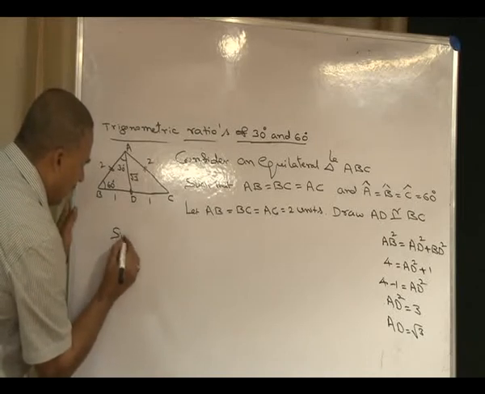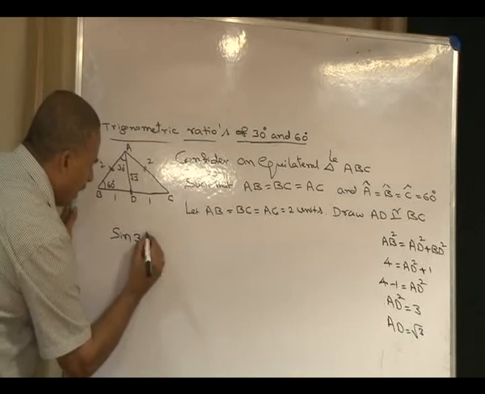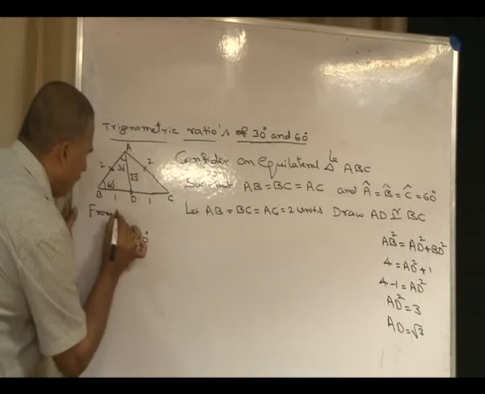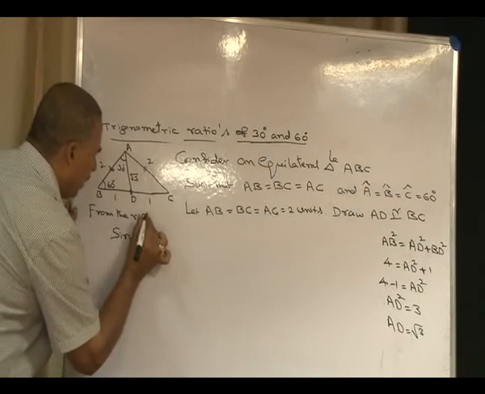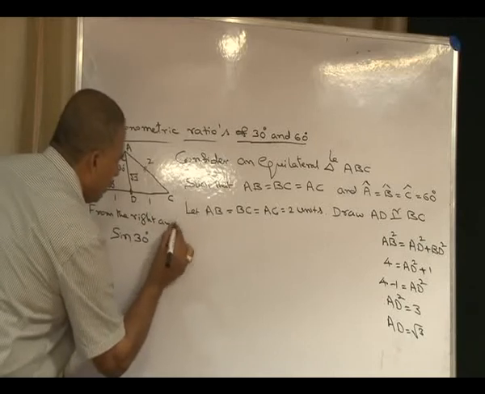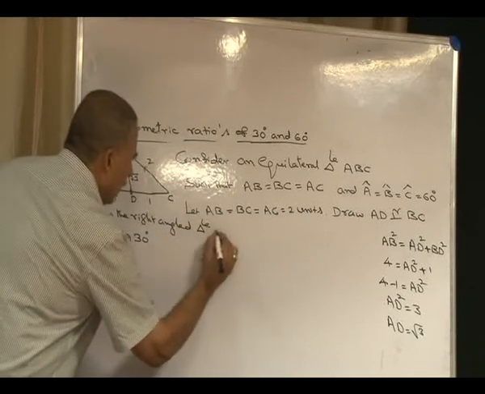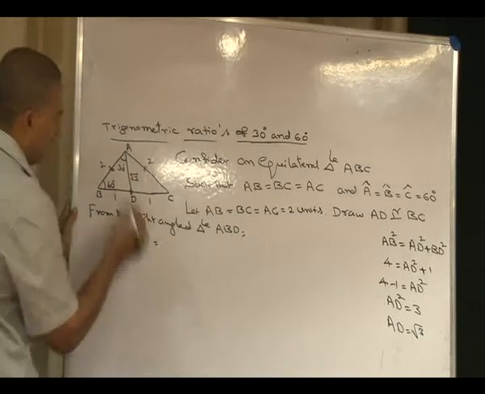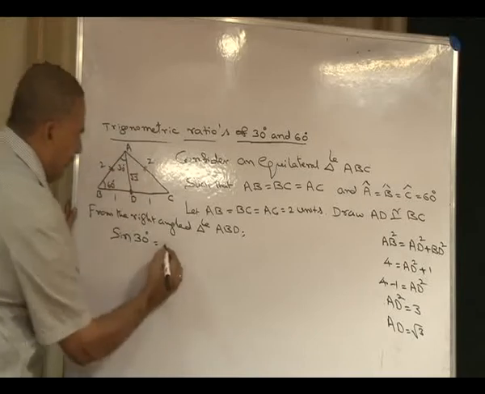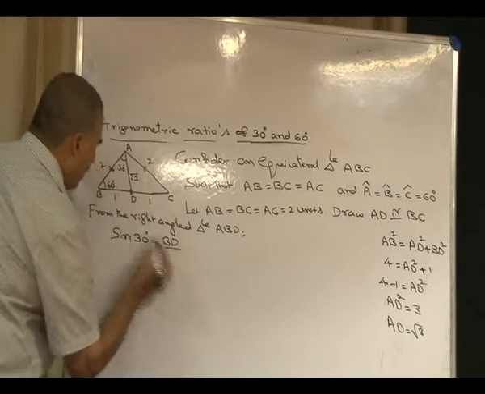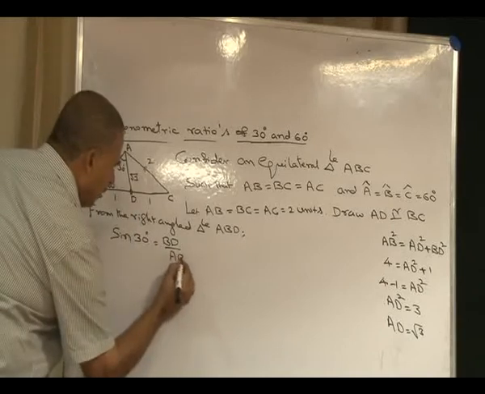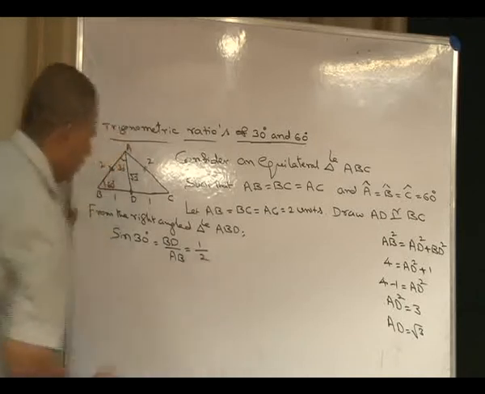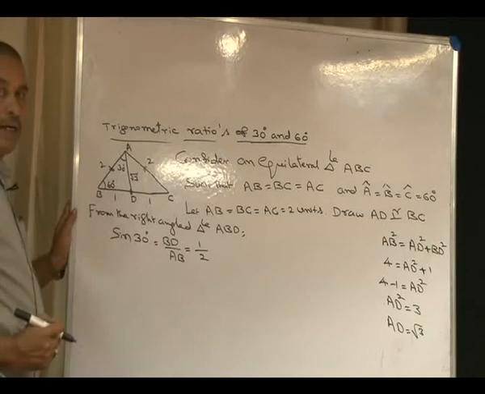Sin 30 degrees, from the right angle triangle ABD: the side opposite the 30 degree angle is BD, the hypotenuse is AB, that is equal to 1 by 2. The value of sin 30 is 1 by 2.